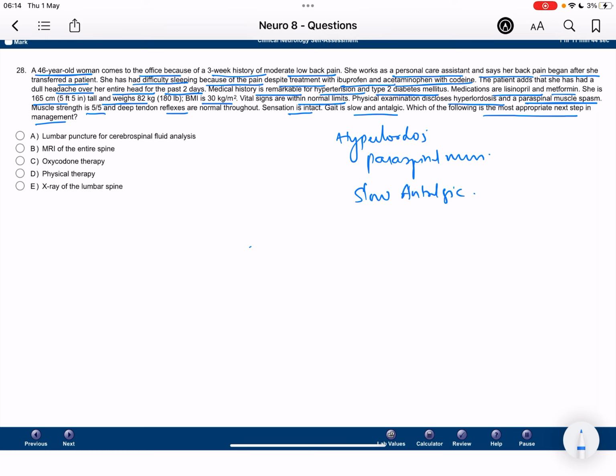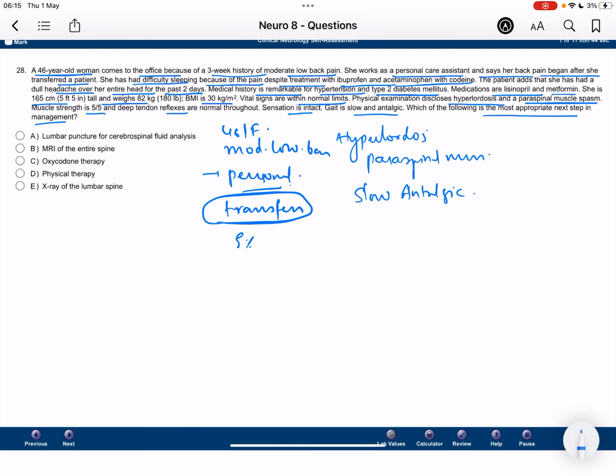What is the most important thing that you will have to rule out? This patient is presenting with moderate low back pain. She is a 46-year-old female and works as a personal care assistant. She transferred a patient and then the symptoms started.